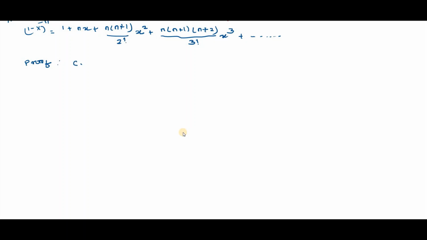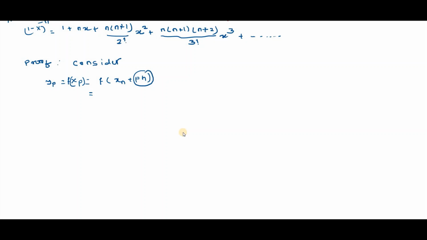Let us consider yp is equal to f of xp, and f of xp is given by f of xn plus ph. Now we try to eliminate this ph.